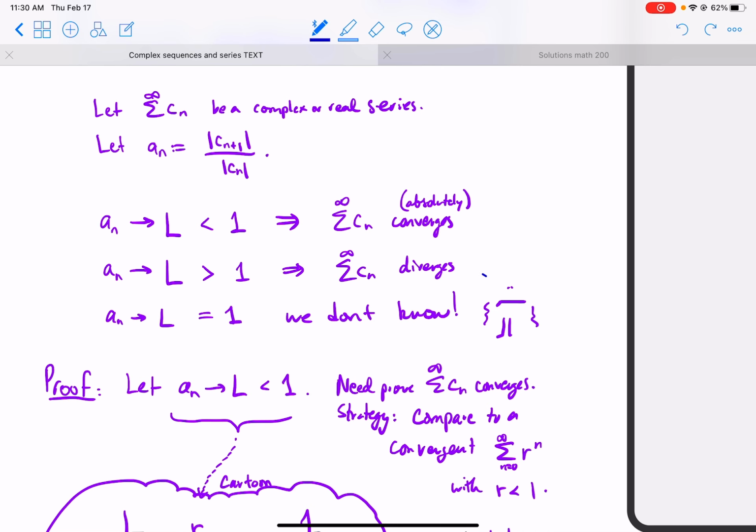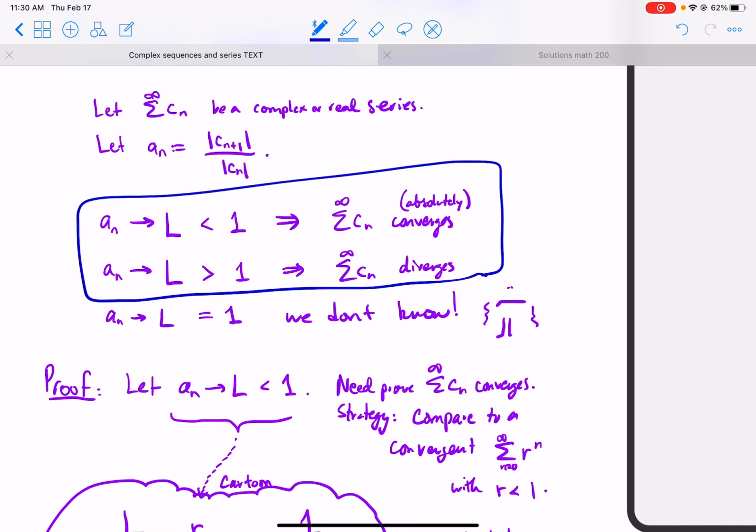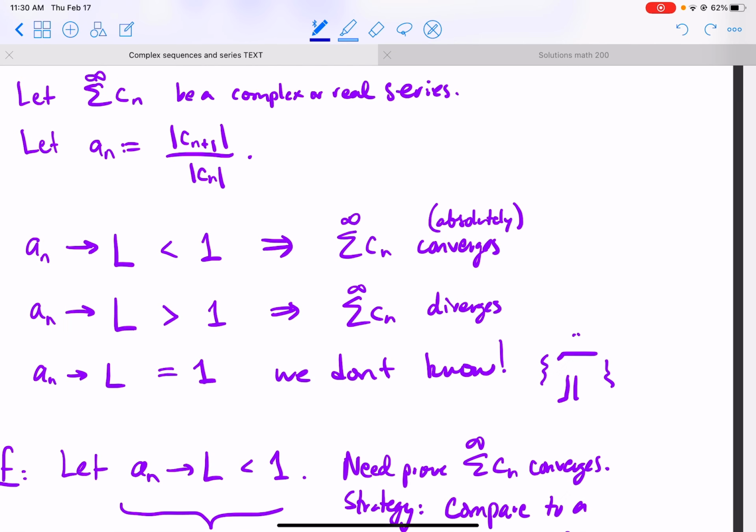So, yeah, now I'm done. I've proved these two. Oh, and I had to say, be a complex or real series with non-zero terms. And you could probably prove the same thing by saying eventually non-zero terms. I mean, what are you doing if you're just adding up a bunch of zeros? It's obviously 0. So this is not a difficult restriction.